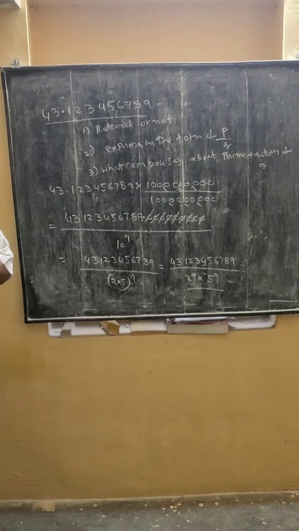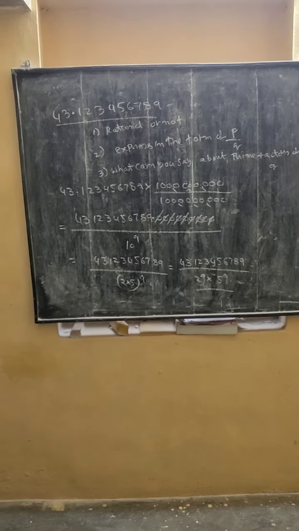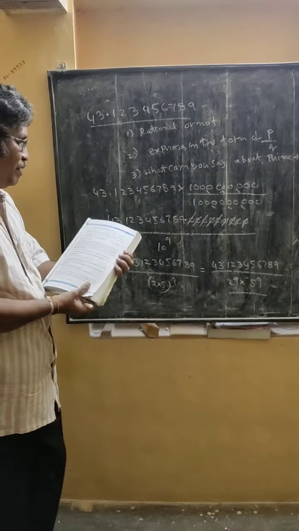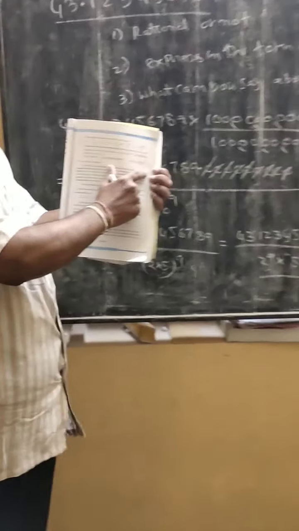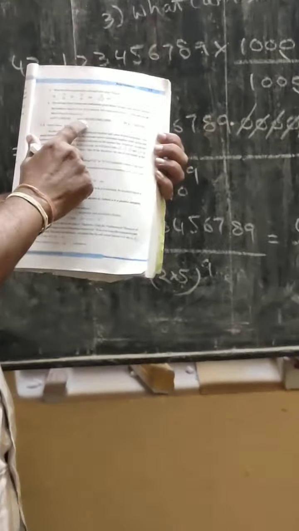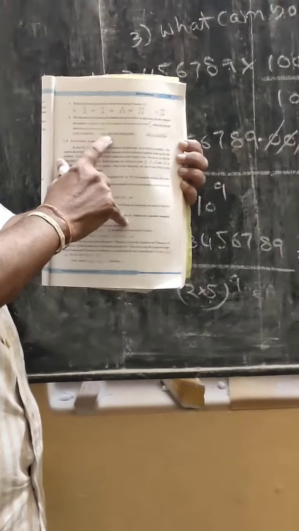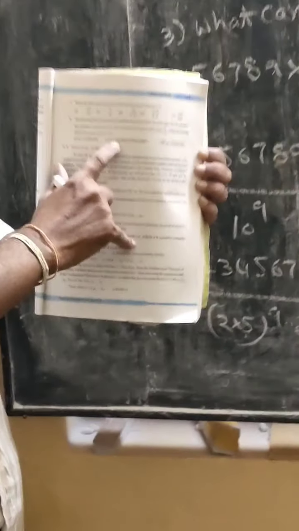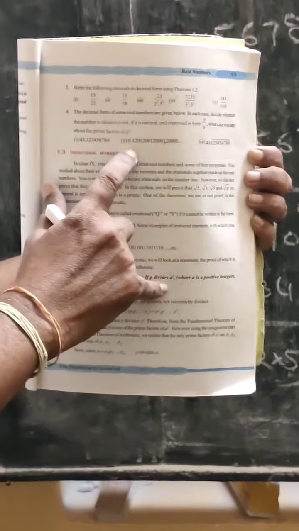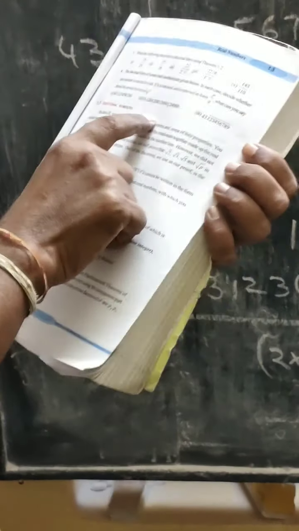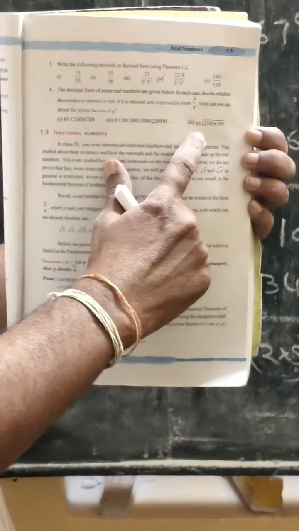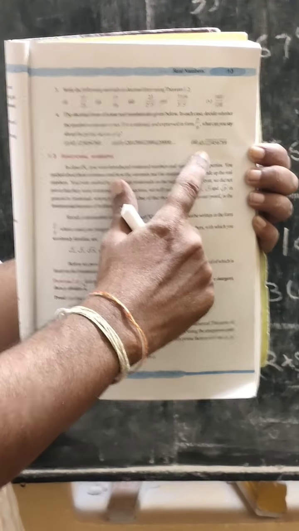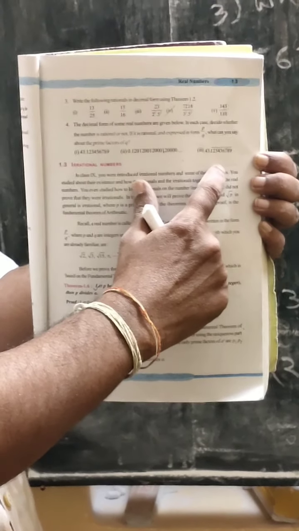In a similar way, some more problems are given on page number 13. Try to do these 3 also. It is non-terminating and non-repeating. Non-terminating and non-repeating. Here it is non-terminating and repeating.